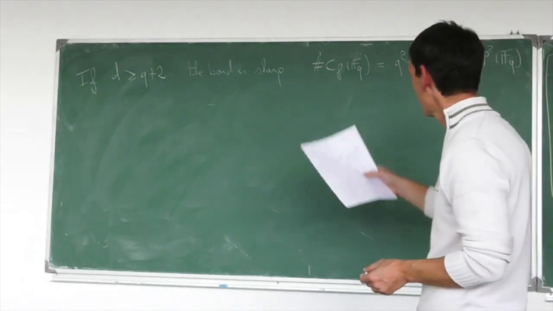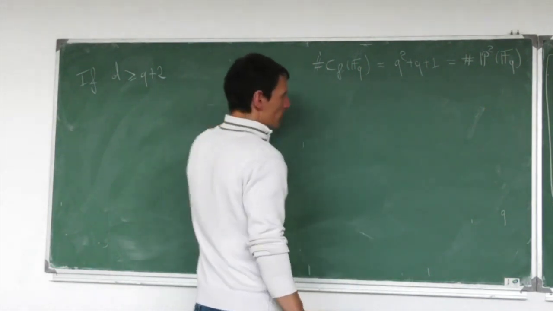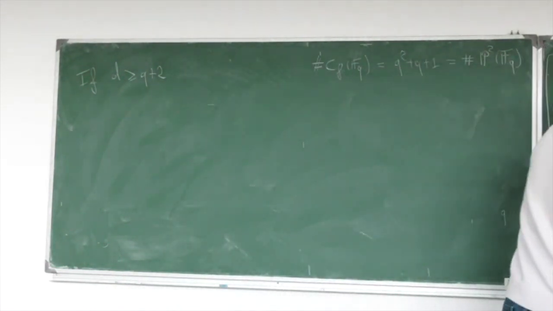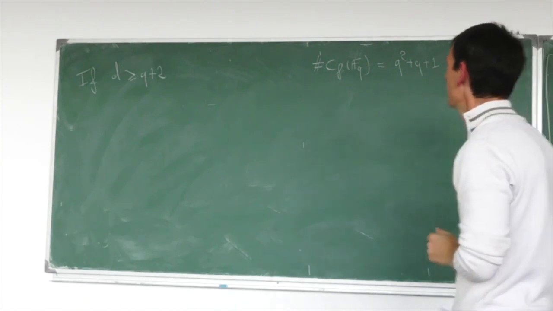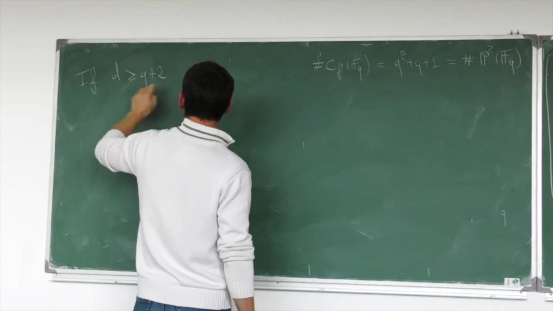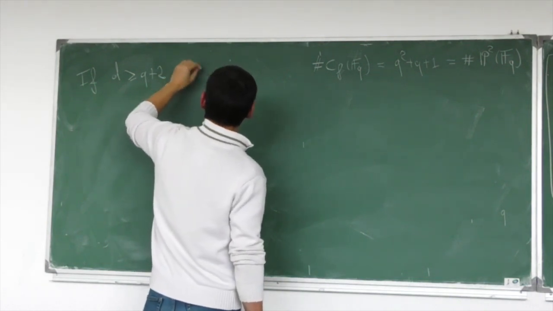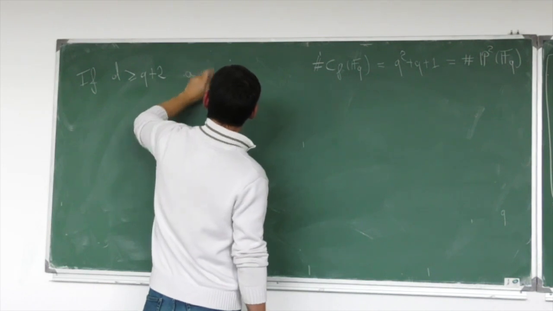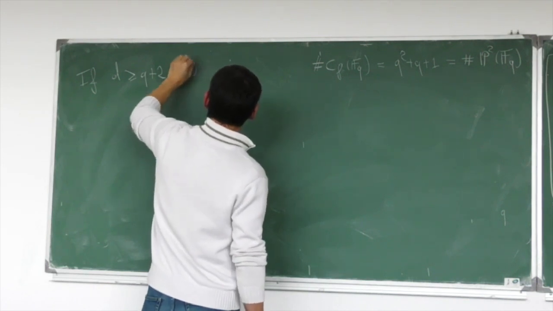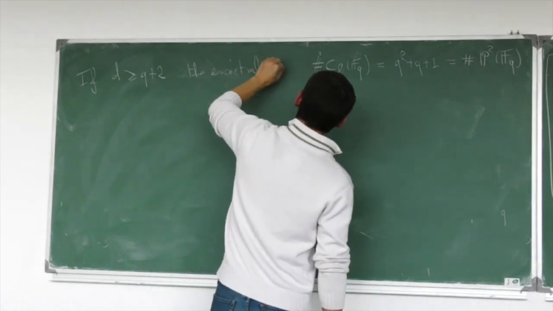Well, actually, the bound is not sharp, because this number is going to be smaller than this when d is going to be big. So what I mean is that if d is greater or equal to q plus 2, a sharp bound is known, more or less. Or let's say the exact value is known.